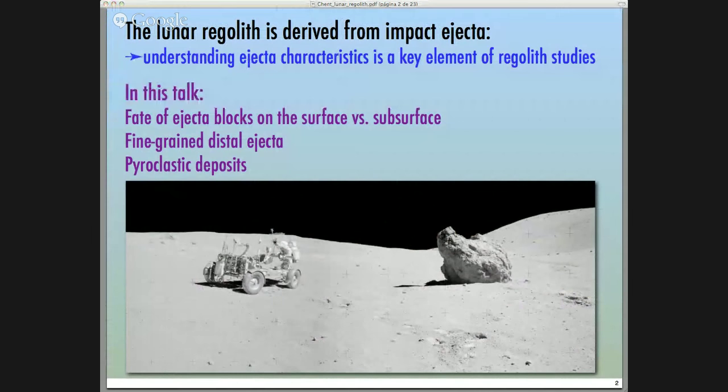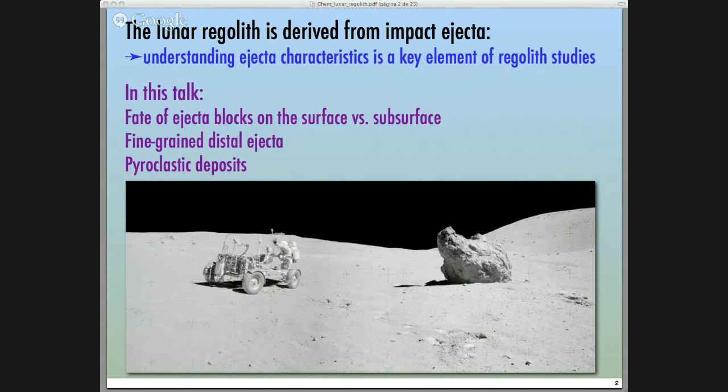So the moon didn't start out with this layer of fluffy material on its surface, and still in places, especially around those fresh impact craters I mentioned in the previous talk, you still have boulders and smaller rocks on the surface. And over time, the bombardment of the lunar surface by impacts fragments and pulverizes these rocks and produces this fine-grained regolith on the surface. There may also be other processes that break down these rocks, including thermomechanical processes, which Marco has worked on.